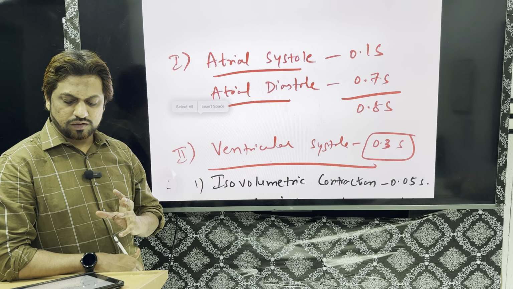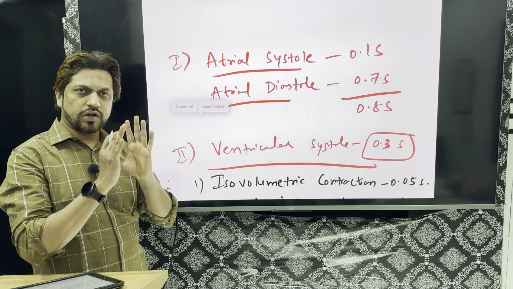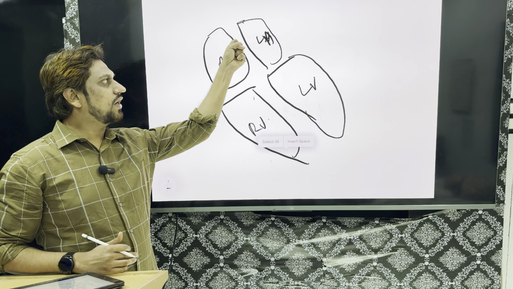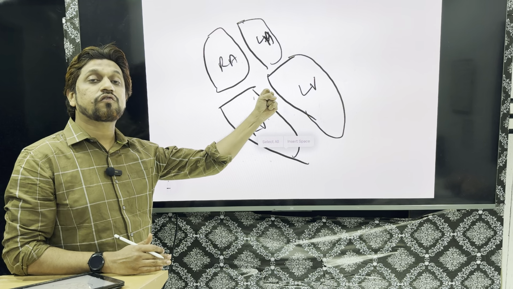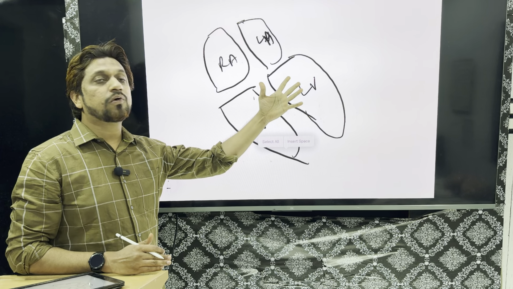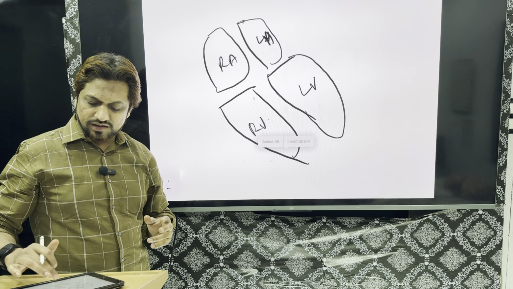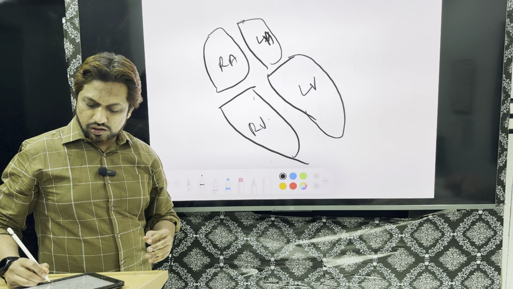So basically, the total duration is 0.8 second. In this 0.8 second, atria will contract for 0.1 second and relax for 0.7 second. In that same 0.8 second, ventricles will contract for 0.3 second and relax for 0.5 second. Okay, so there is coinciding of the atrial systole with the later part of the ventricular diastole.